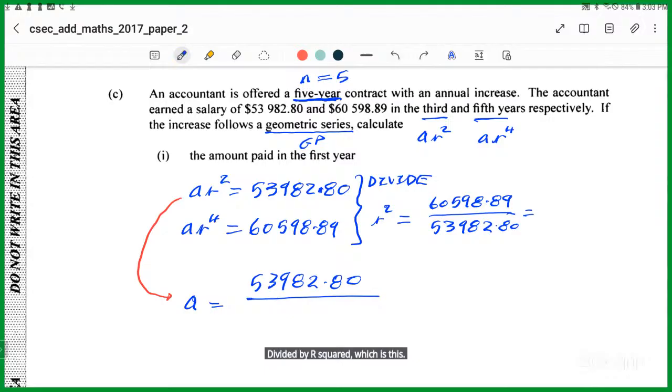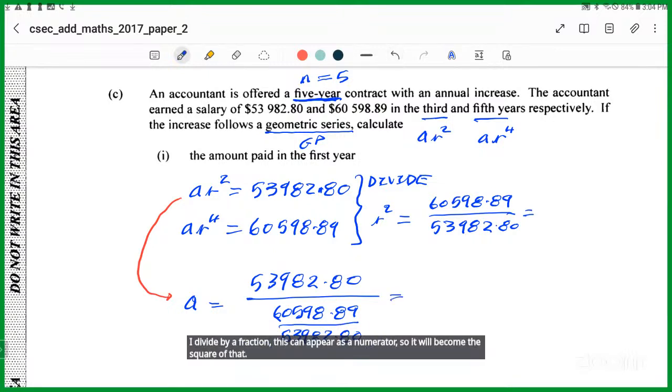Alright, so I'm going to write that back on here. 60598.89 over 53982.8. When we divide by a fraction, this comes up here as a numerator, so it becomes the square of that.